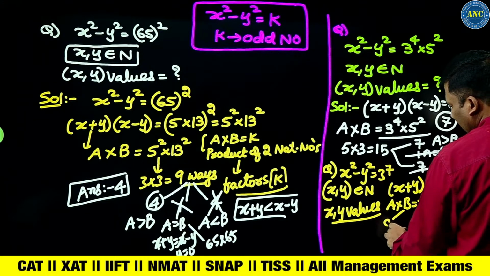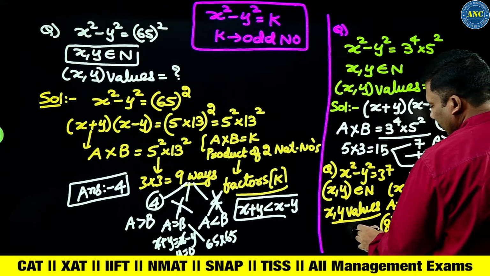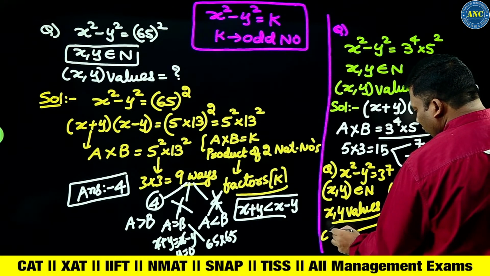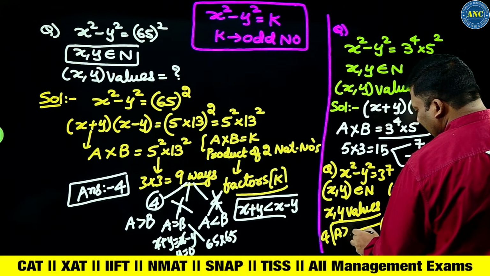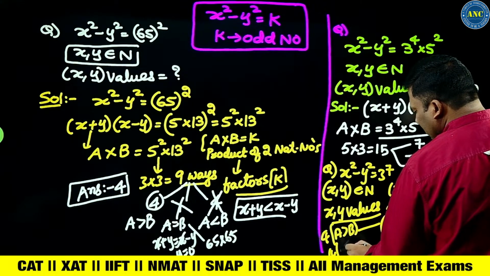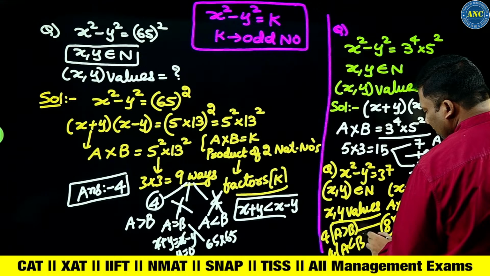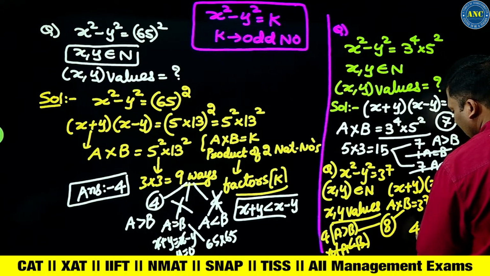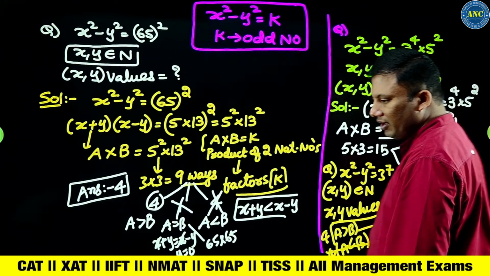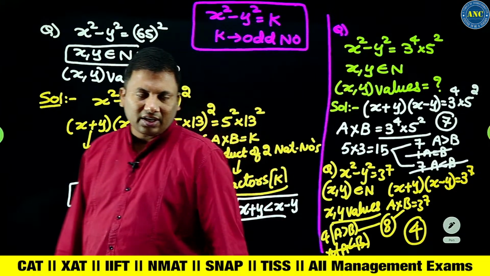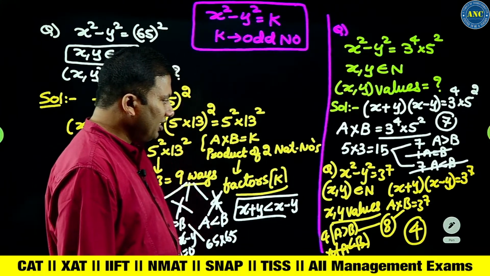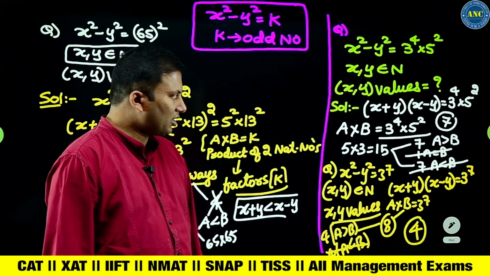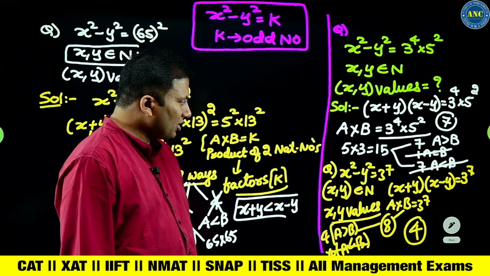3 power 7 means I will get 8 factors. 8 means 4 cases will have A greater than B and 4 cases will have A less than B. The sum of two natural numbers can never be less than their difference. So the answer for this question is 4.